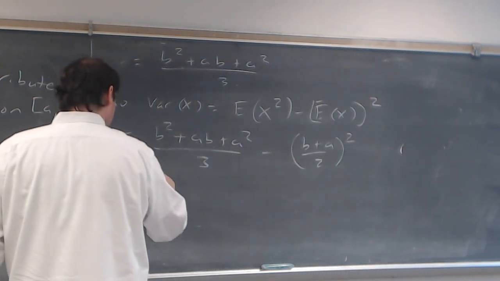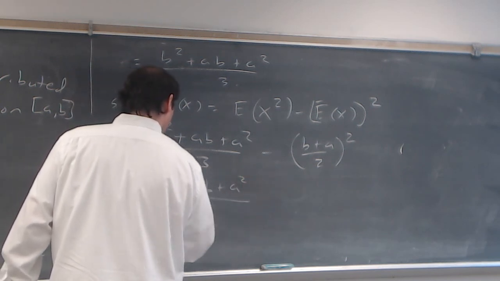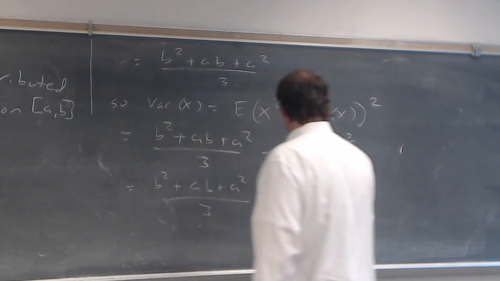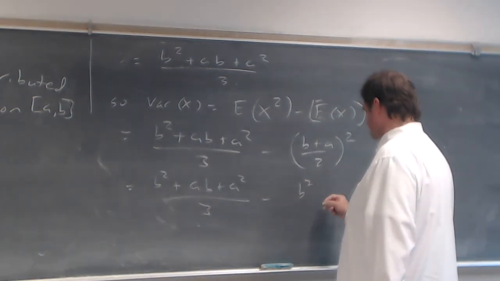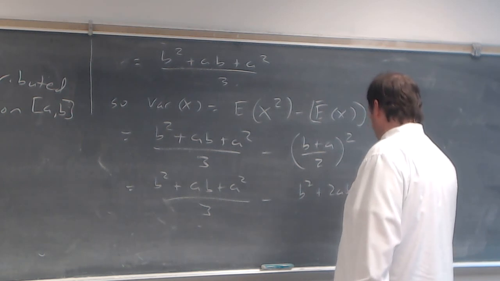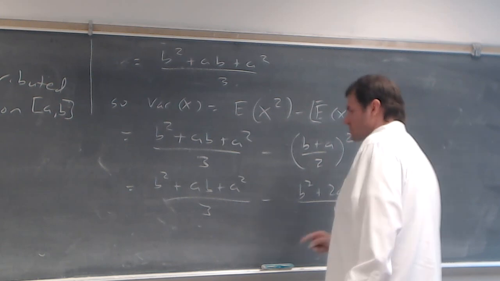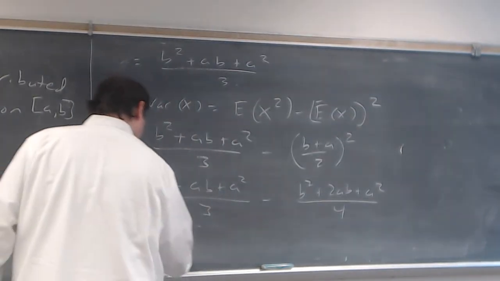So this ends up being (b squared plus ab plus a squared) over 3 minus (b squared plus 2ab plus a squared) all over 4. So the common denominator here is 12.